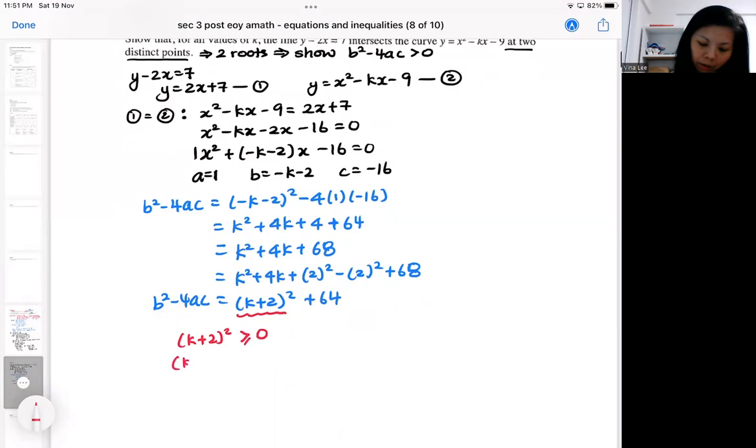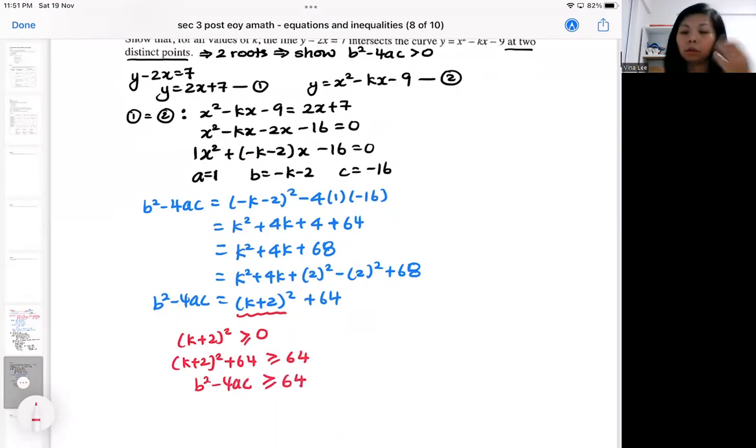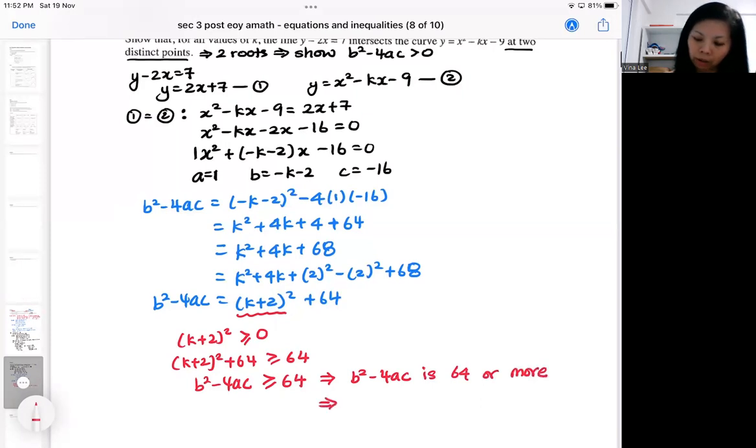So if you add on 64 on both sides, you deduce that the value of the discriminant will be more than or equal to 64. The interpretation is that the value of the discriminant is 64 or more. So in a way, the discriminant will always be positive.